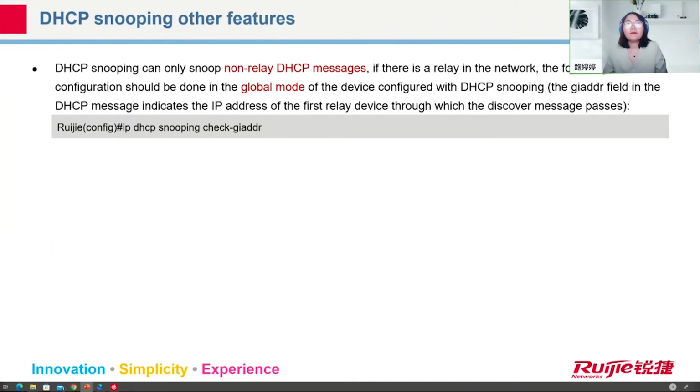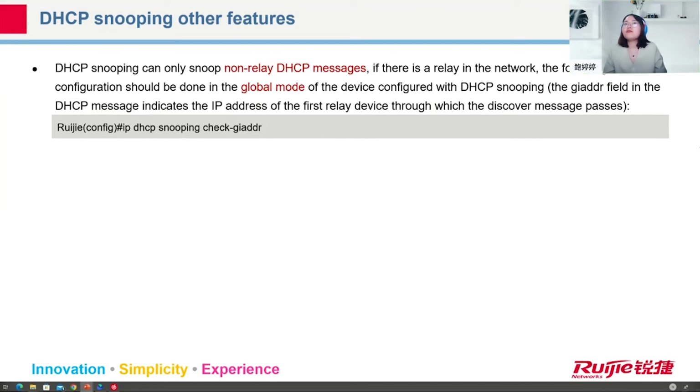This is the snooping. And another feature related to DHCP snooping is non-relay DHCP message. If there is a relay device in the network, the following configuration should be done in the global mode, otherwise the relay may have some problem: ip dhcp snooping check giaddr.